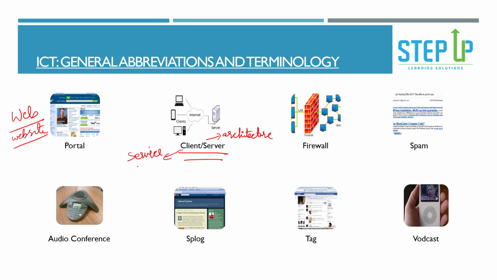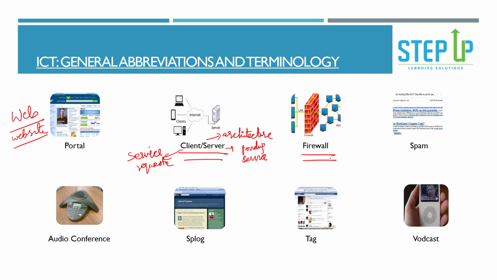So I'll write service requester, and the server is the one who is providing the service. So let's say you're asking for data. What provides you the service is the server, right? And you asked for the data, so your computer becomes the client computer, right?